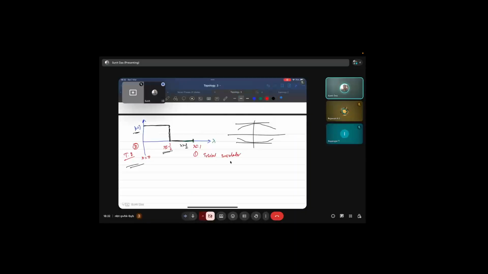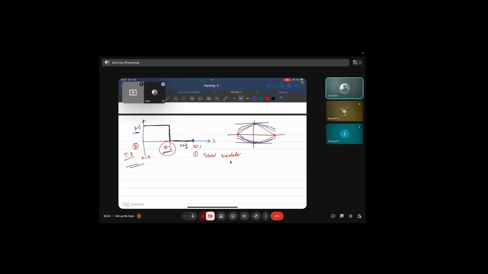And at a particular point, when you hit lambda equal to half, you have an exact gap closing point at this Brillouin boundary. And then once you increase the value of lambda beyond half, you again get an insulating case. So again there is a gap.